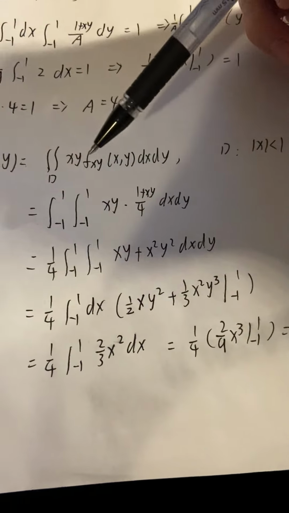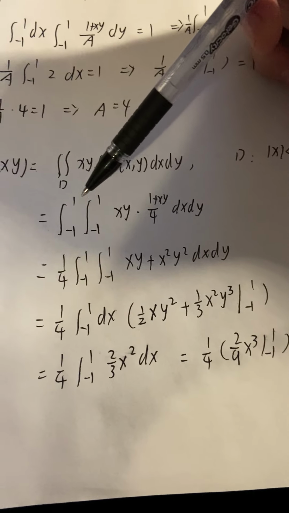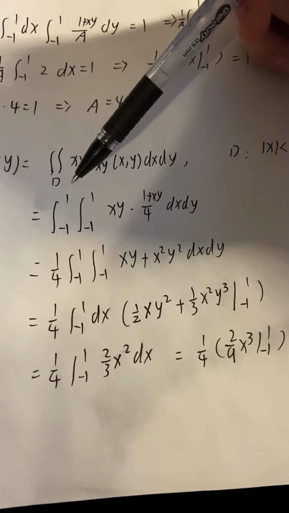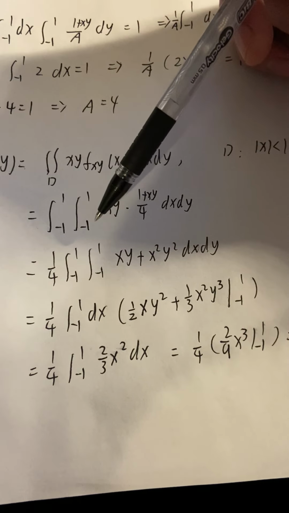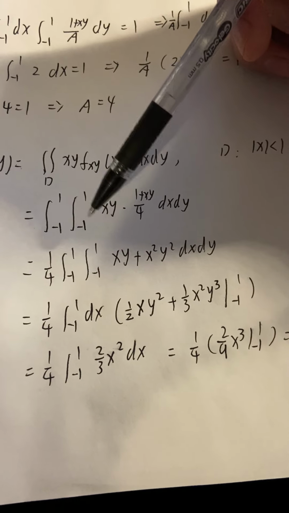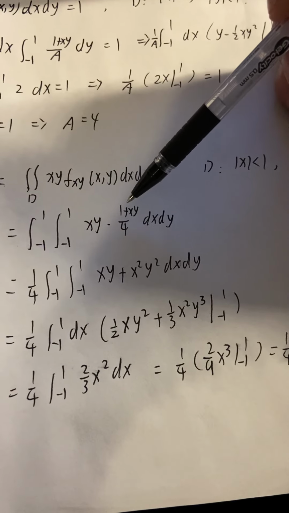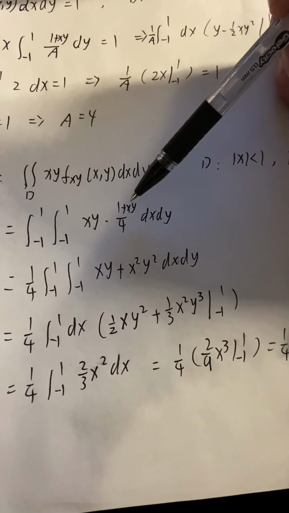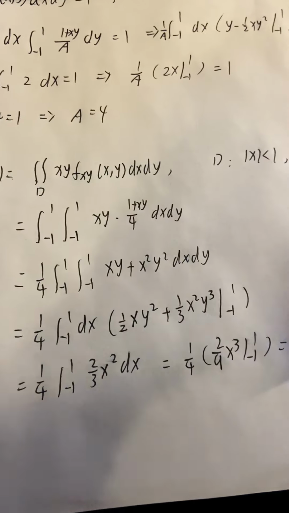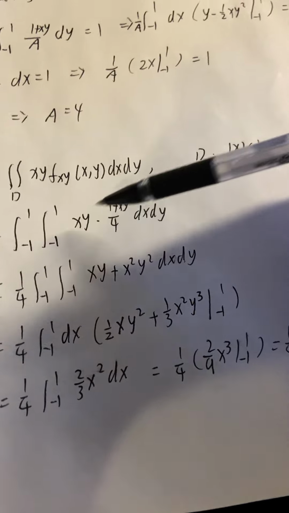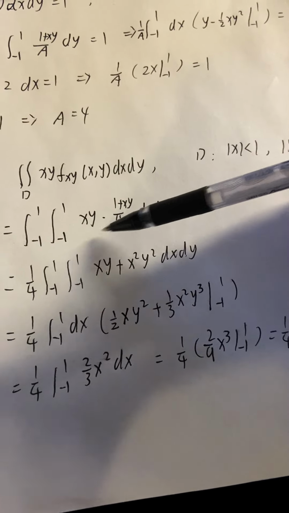For x, the bounds are -1 to 1. For y, the lower bound is -1 and the upper bound is 1. The joint density function is (1 plus xy) divided by 4. So we calculate this integral first.